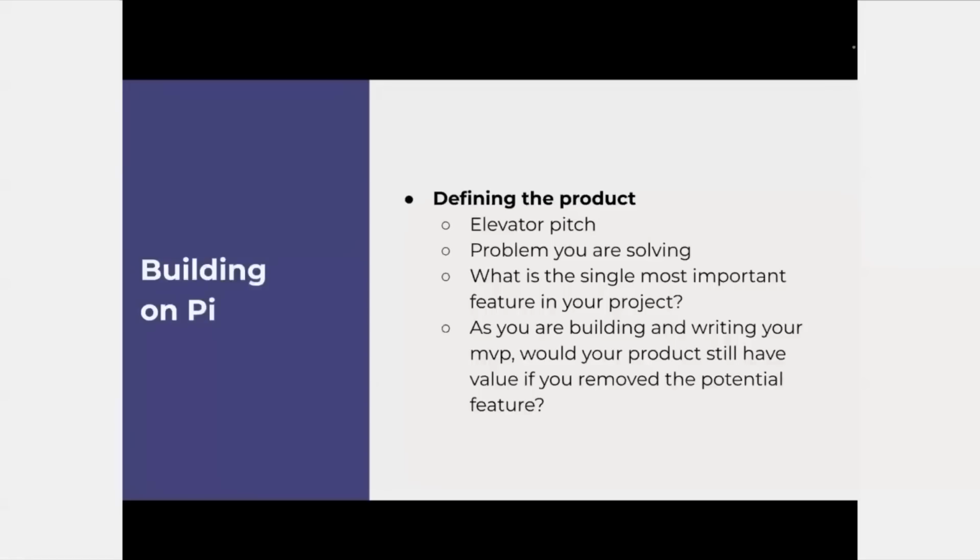Instead of trying to create a project that solves 20 things at once, it's very difficult to develop and get rolling. So really try to bear down, create that MVP, and determine, hey, what is the one thing that we are trying to include in our project that creates its value, right?